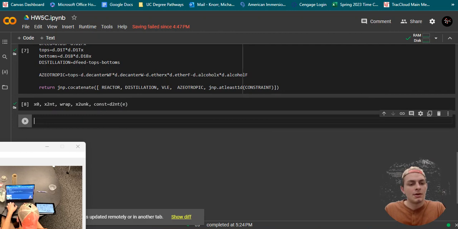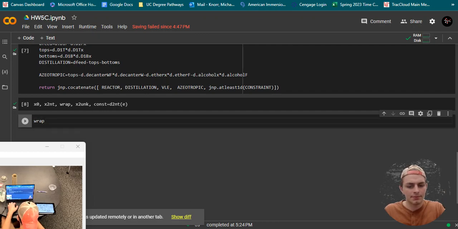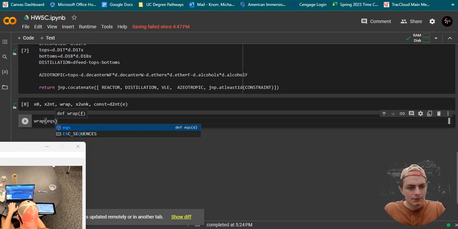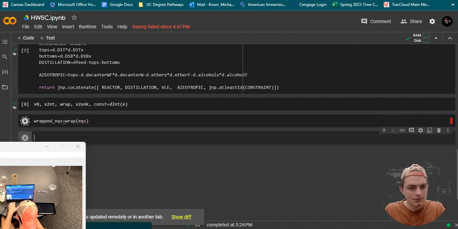Perfect. From here, we just want to wrap our equations again, I believe. And I think that's all we have to do for that. We can say that that's equal to wrapped equations. Hopefully that works. Okay, cool.